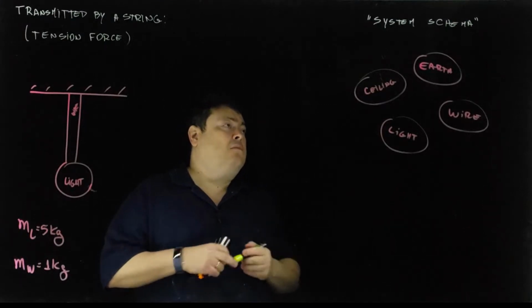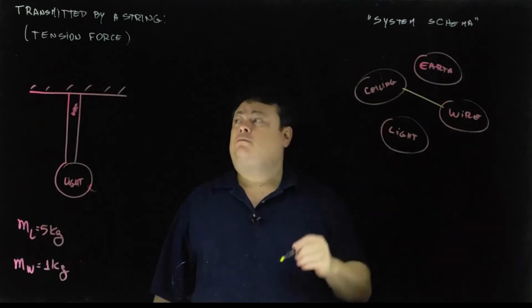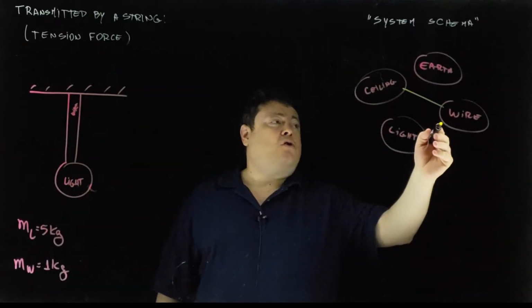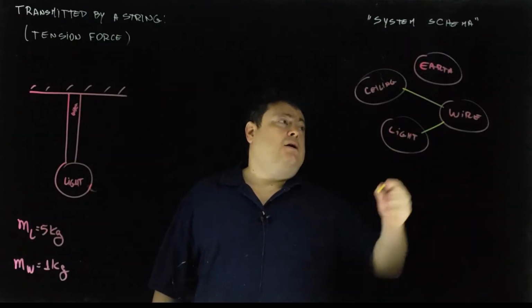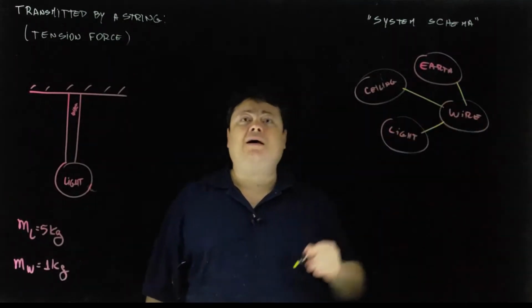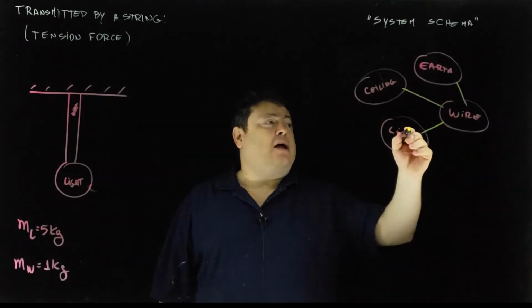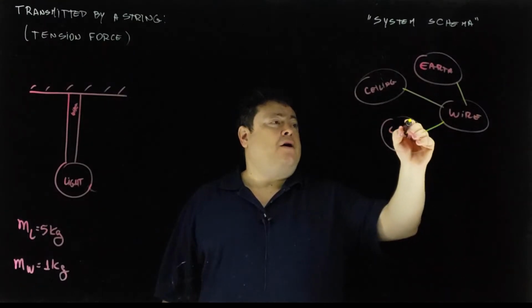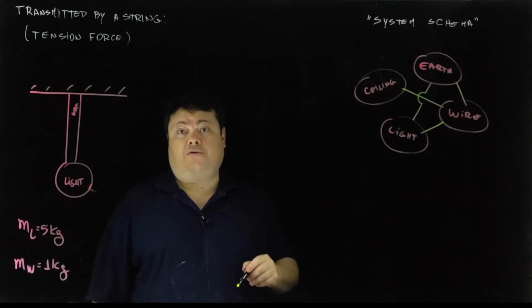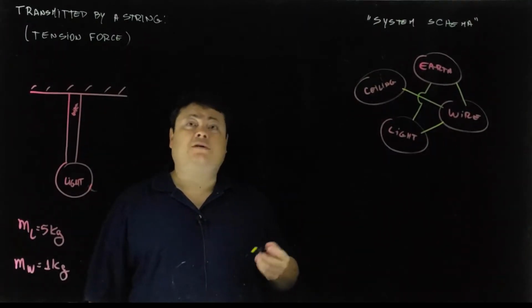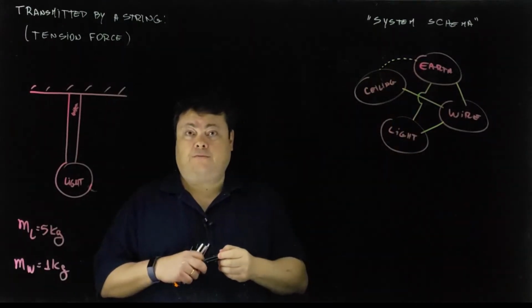The wire is connected to the ceiling, and it is also connected to the light bulb. And it is connected to the earth because the wire has a mass, so it's being pulled down by the earth. The light bulb is connected to the wire and it is connected to the earth. And, well, the ceiling has mass. It should also be connected to the earth.